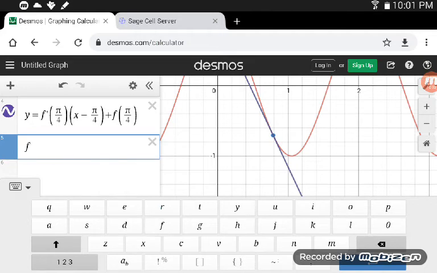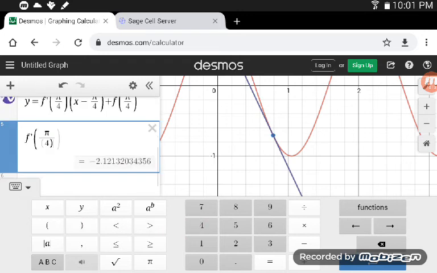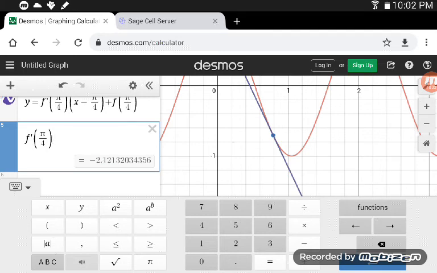So f prime of pi over 4. And we see that's minus 2.1213, so there's our decimal approximation to minus 3 square root of 2 over 2.